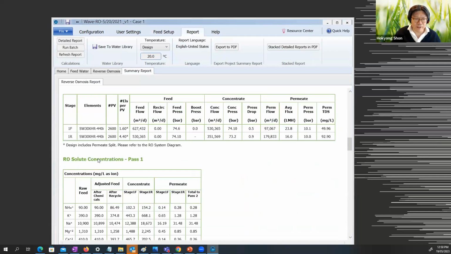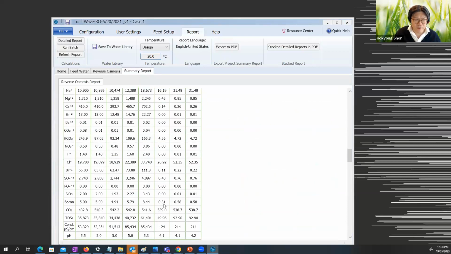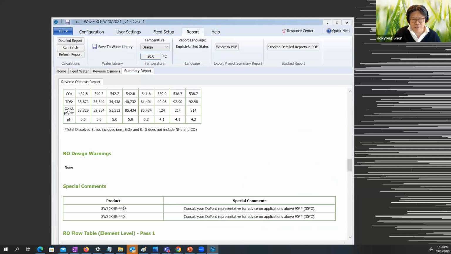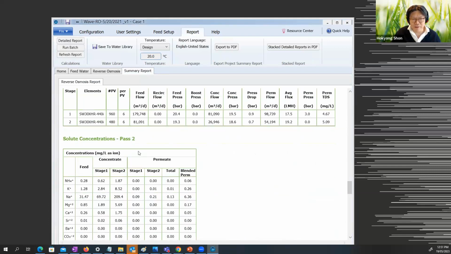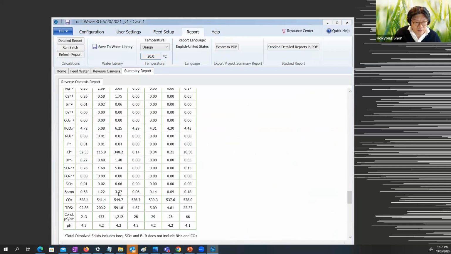you can see the first pass boron concentration is 0.31 milligram per liter, which is more than 0.3. So you need the second pass. In the second pass, the boron concentration decreased to 0.14 milligram per liter. This one is okay because it is less than 0.3 milligram per liter.